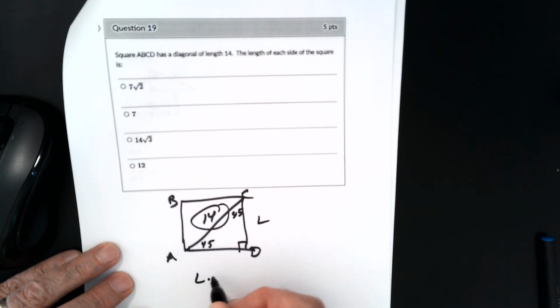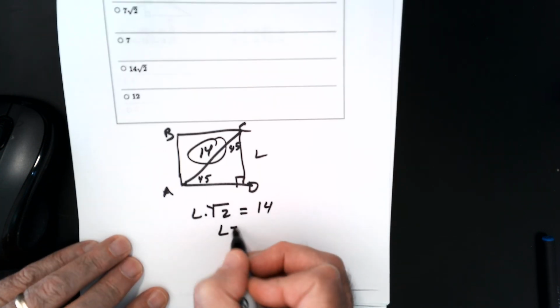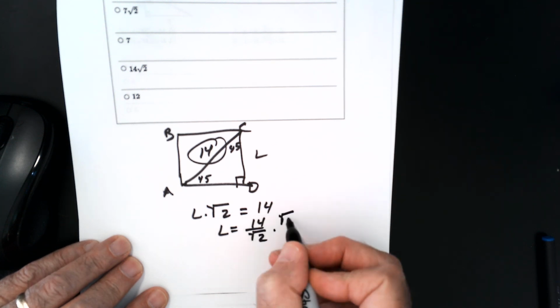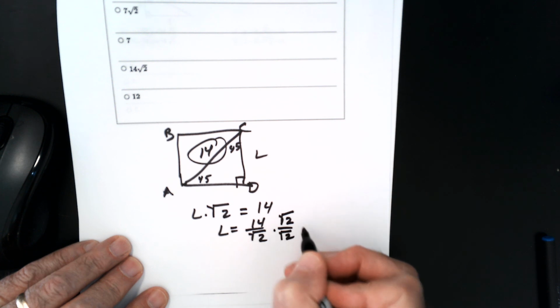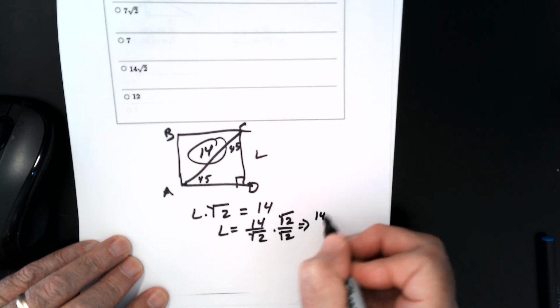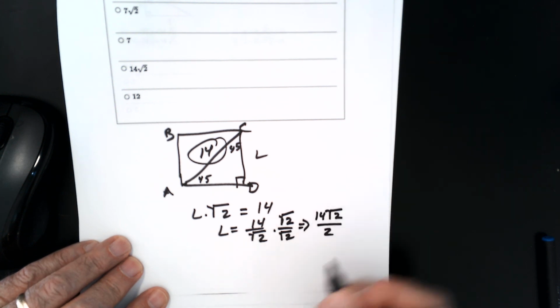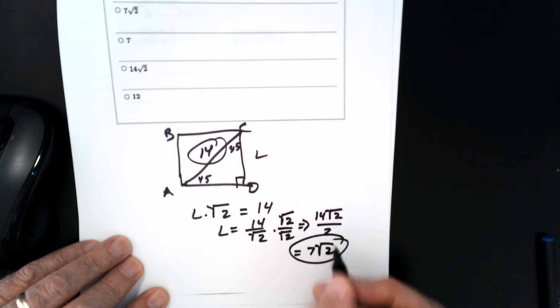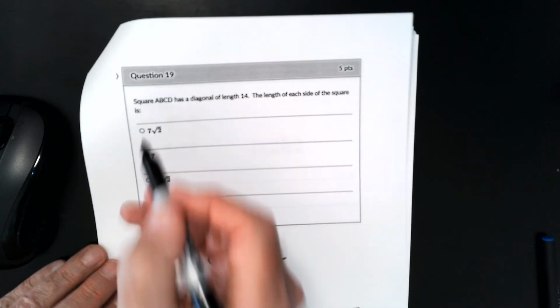Well, we took the leg times the square root of 2, and that got us the 14. All right, so we're going to divide both sides by the square root of 2, then rationalize the denominator, and that gives us 14 square roots of 2 over the number 2, and 14 divided by 2 is 7 square roots of 2. And that would be the top answer right there.